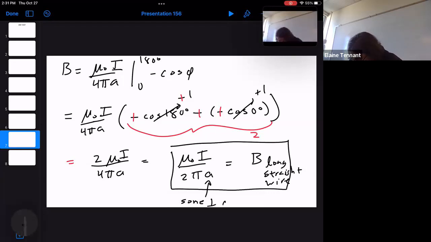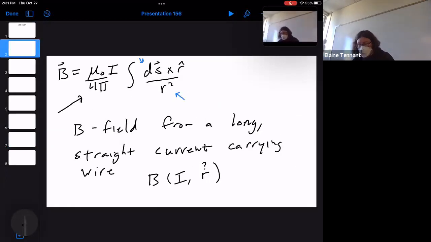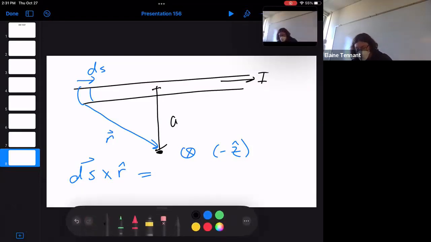Some perpendicular distance A. So instead of having our magnetic field depend on R, we're having it depend on the perpendicular distance between the wire and whatever point we want to talk about. Sound okay? I hope so.